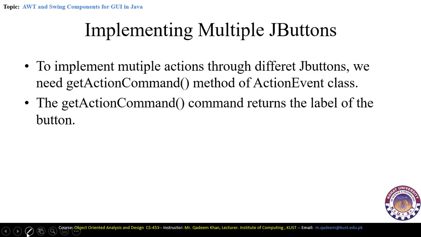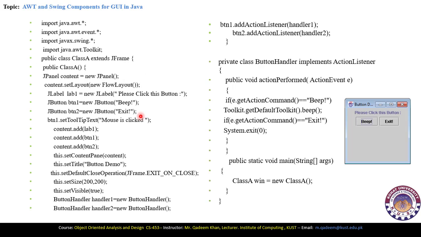So how will you differentiate that this particular button has been clicked? The computer will in fact identify a certain label which is passed to getActionCommand. This is the example. You can see here we have the beep sound exactly like the previous example, and also we have the exit button.